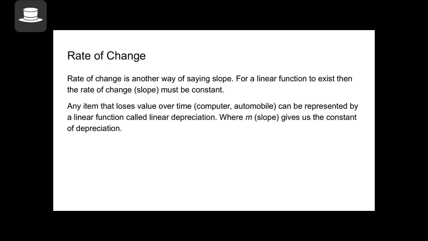And in the concept of this problem, it's the constant of depreciation. So it tells us how much the certain item depreciates every year or every whatever our time step is.